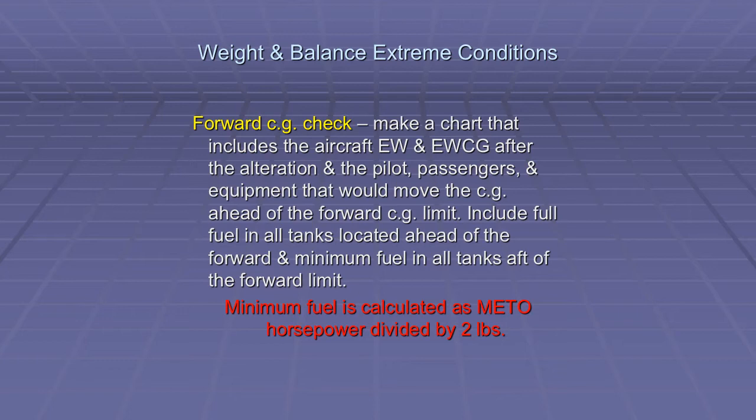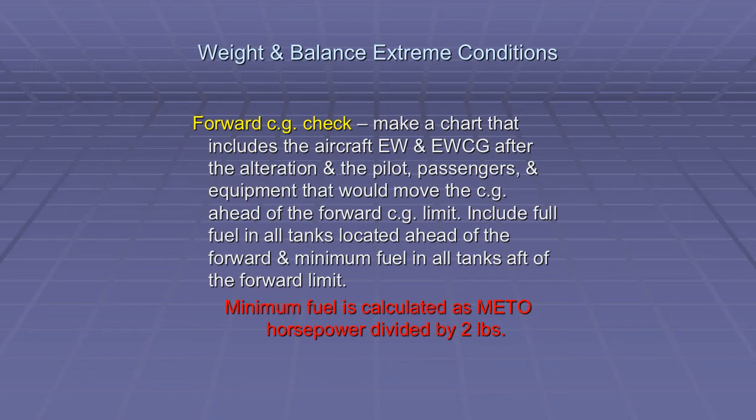For the forward condition check, we want to make the aircraft as nose heavy as possible to determine if the aircraft can be loaded in such a manner as to make its center of gravity move ahead of its forward center of gravity limit. We do this by filling up any fuel tanks, baggage areas, and seats ahead of the forward CG limit and leaving the areas behind the forward limit empty, with two exceptions.